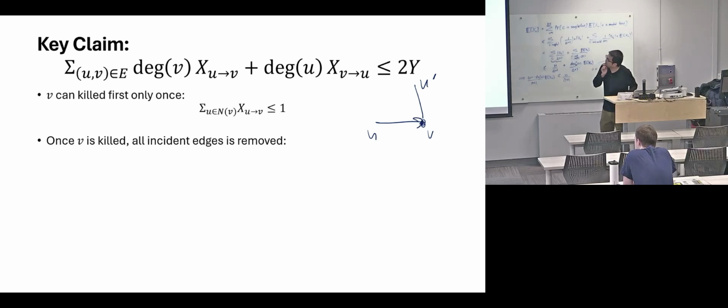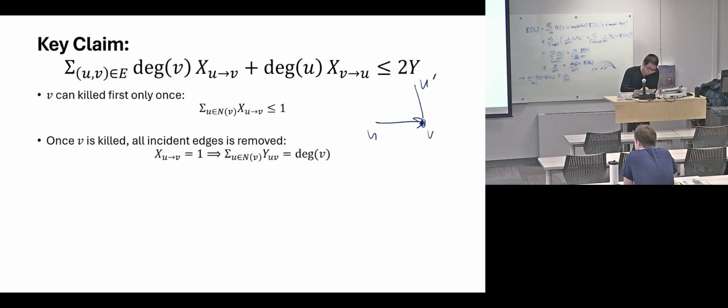And once v is q'd, then all the incident edges of v are removed. That is, if for some u firstly qv, then you would remove all edges incident to v. That is, the sum of whether you remove the edge uv, they are all 1. So this sum is equal to the degree of v. Every edge incident to v will be removed because v is removed.